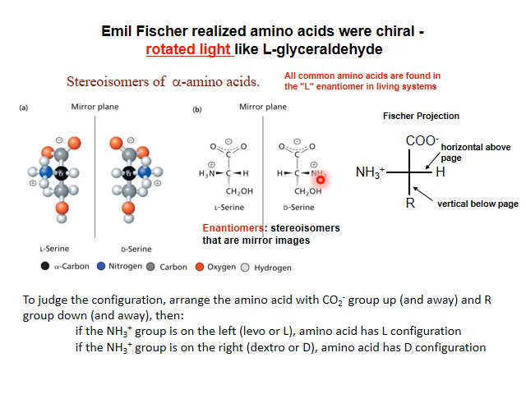Even though the empirical formula is the same, has the same number of atoms, they're arranged spatially different, and we broke chemical bonds and reformed them to make this happen. And so by definition, based on experimental measurements, this is the L version of the amino acid, and this is called L-serine. The ball and stick diagram is shown here. Kind of hard to see the stereochemistry there. Maybe it's better for some of you.